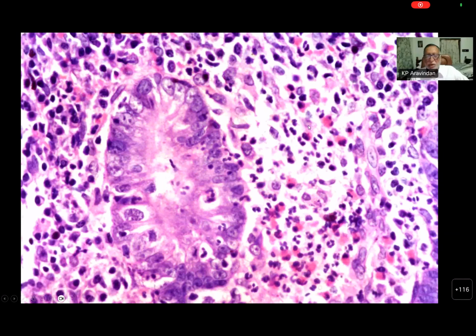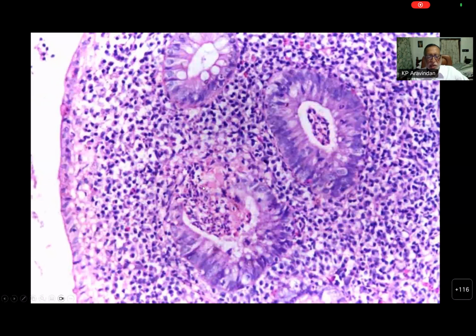What kind of cells do you see here in the lamina propria? I can see some eosinophils, neutrophils, as well as plasma cells. Okay. Neutrophils, eosinophils, and plasma cells seem to be increased. Here again, you see a crypt abscess nicely. So with all this, what is your impression? I think my impression would be of an active colitis, a diffuse active colitis.